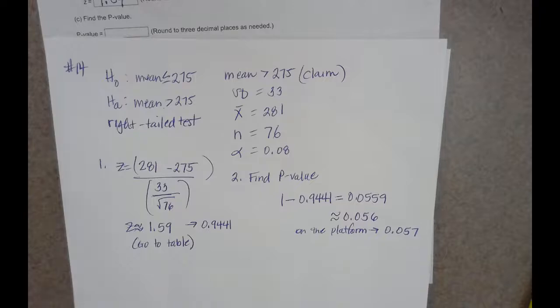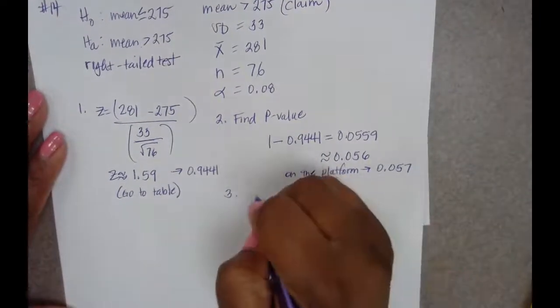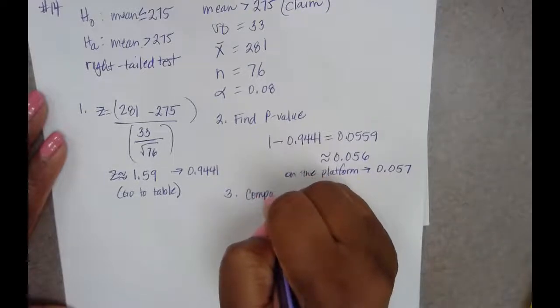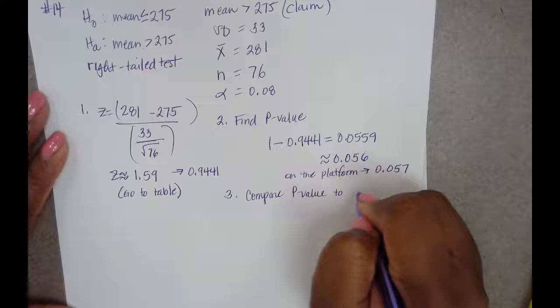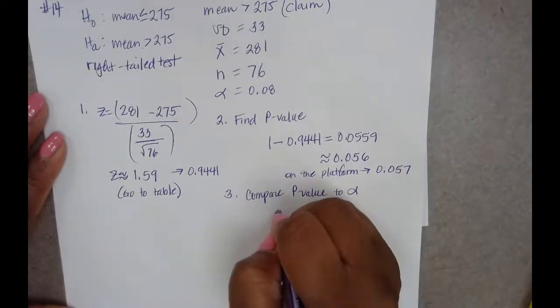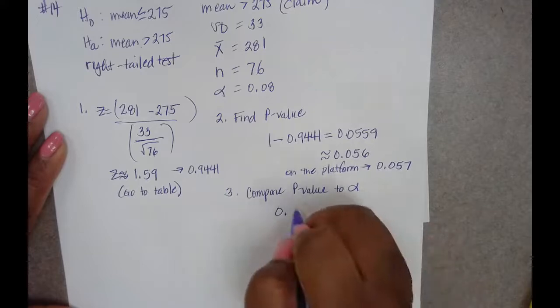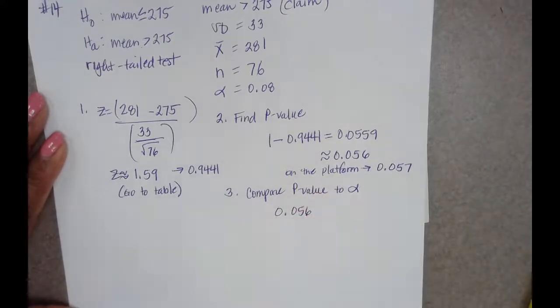So let's compare the p-value to the level of significance. So our p-value is 0, and I'm going to use the one that I calculated, 0.056.